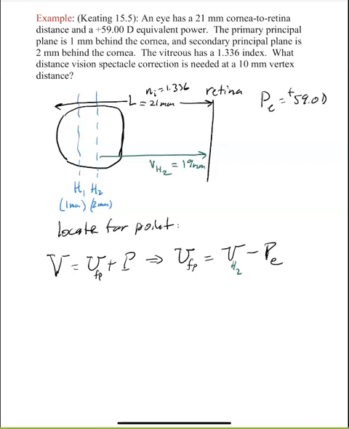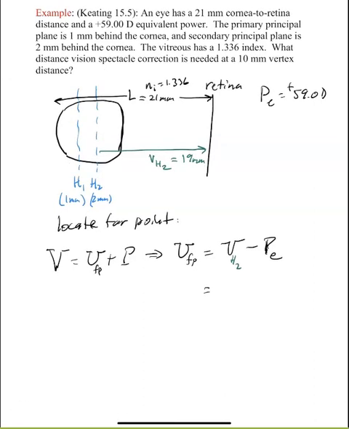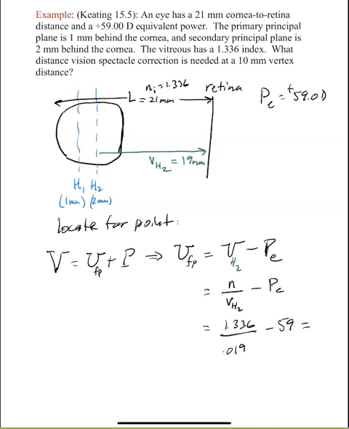All right, so now I can do my divergence equation down here and say that this is N over V_H2, minus the power, and so this is 1.336 over 19 millimeters minus 59 diopters, and that is plus 11.3 diopters. So this is telling us the far point divergence. But we have to again remember, since this is a thick lens, it's a divergence relative to H1, the primary principal plane.